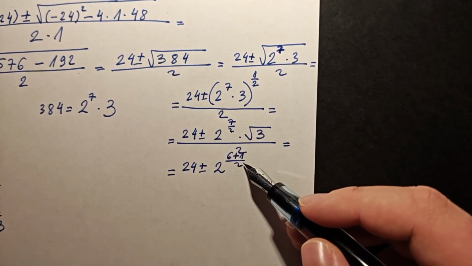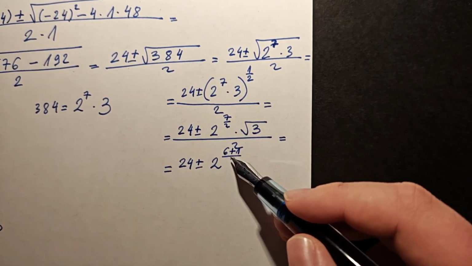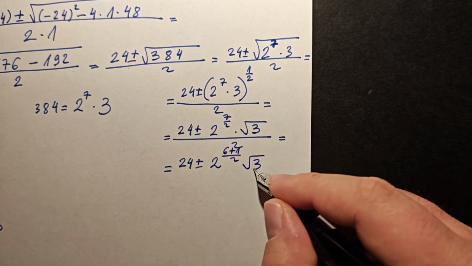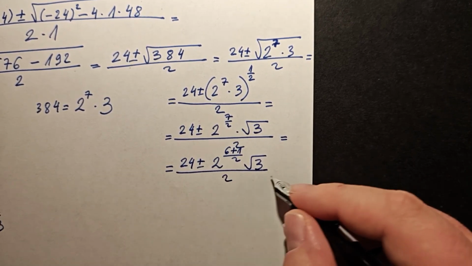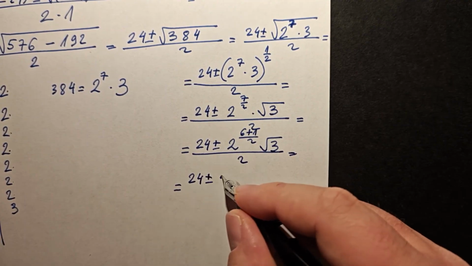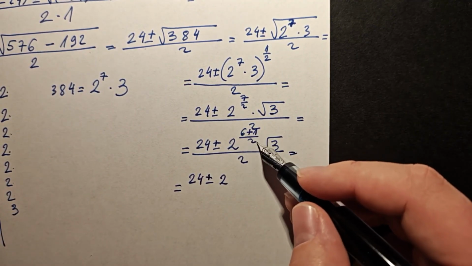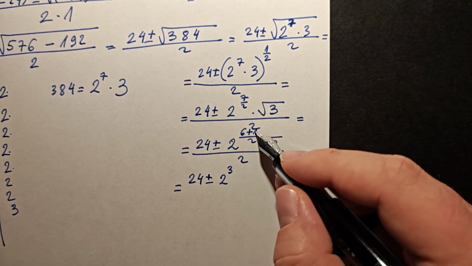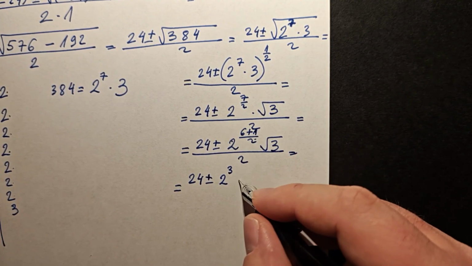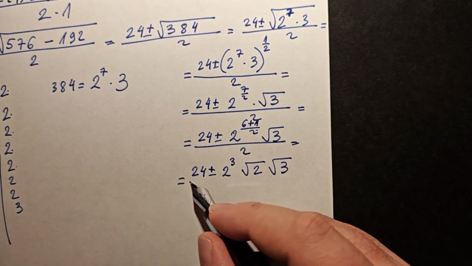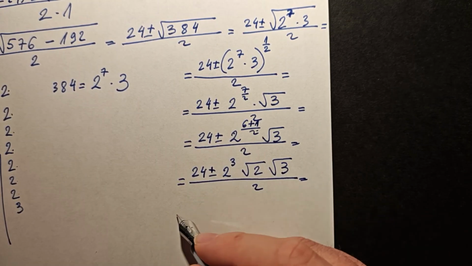I am writing it deliberately like this because 6 is divisible by 2 and 1 is not. Square root of 3 divided by 2, which is 24 plus or minus 2 to the power of 6 divided by 2 is 3, and we have 2 to the power 1/2, which is a square root of 2, and then a square root of 3 divided by 2.